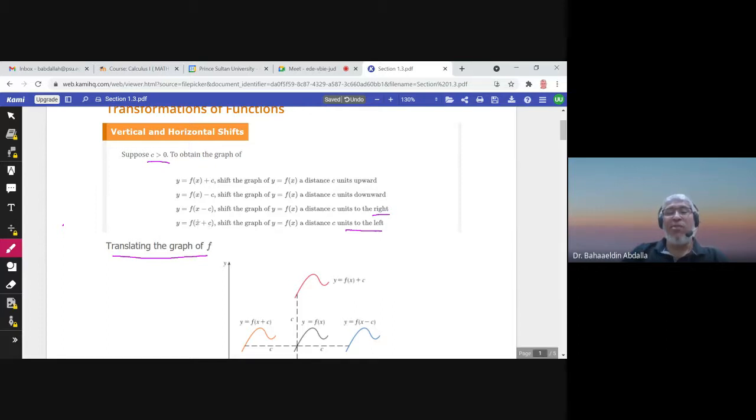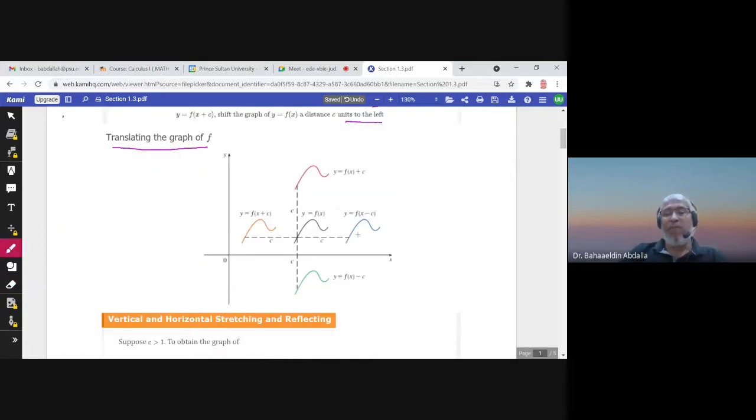In fact, all the translations will take you opposite side, but here, for this equation, it was y minus c, but we took c to the other side, and that's why there is a difference between y and x. So this is what happens here, f of x minus c, so the graph is translated c units to the right and so on.